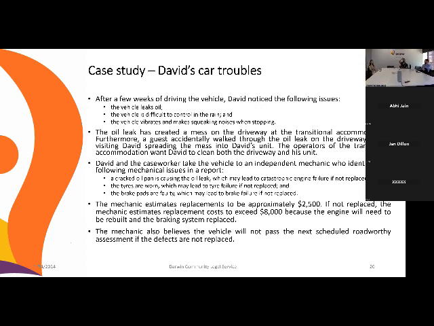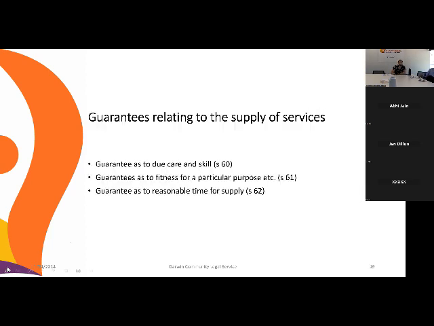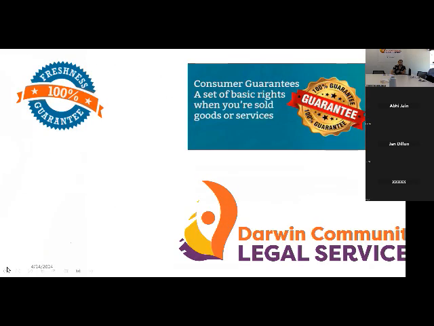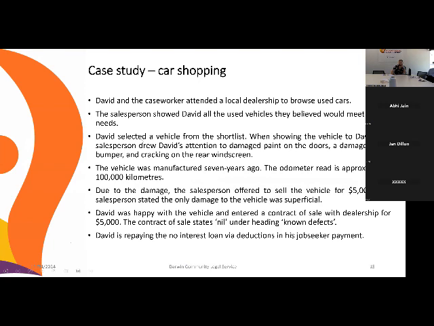So you could say that it would be reasonable to rely on the salesperson's expertise. And I believe in the facts, I did simplify it, but originally in the facts, and a very good point, I did have the salesperson state that they did have a lot of expertise about this matter. But I was worried that we'd go into a situation where we'd be exploring like 10 different guarantees. So I thought it would be easier just to simplify it.